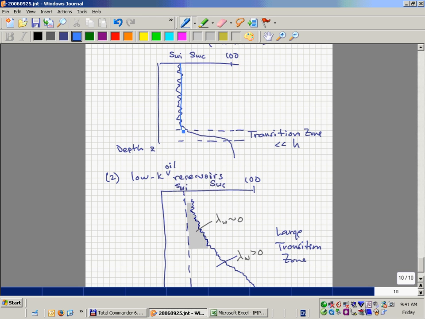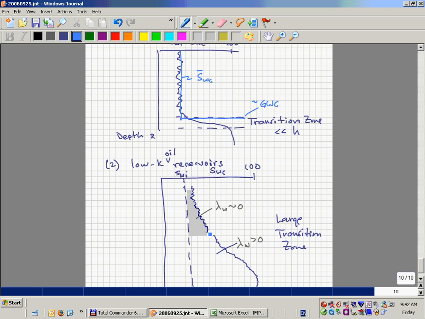And then we just simply say this is our gas-water contact approximately. And this is our average condensate saturation.